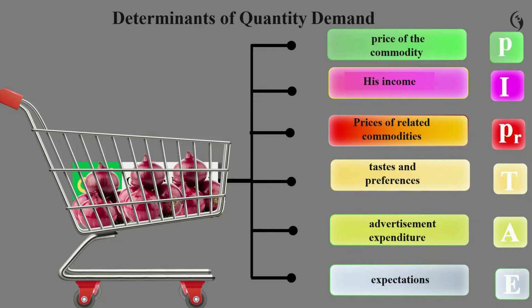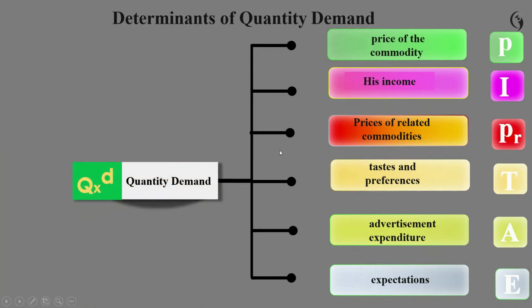So here we conclude that there are a number of factors which determine the quantity demanded. Some of the factors we have explained here: price, denoted by P; income, denoted by I; the price of related commodity, denoted by PR; tastes and preferences; advertisement expenditure; and expectations. So in a mathematical form, we can write the function of quantity demanded.